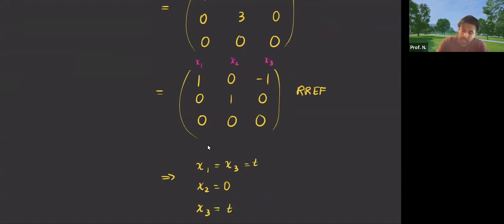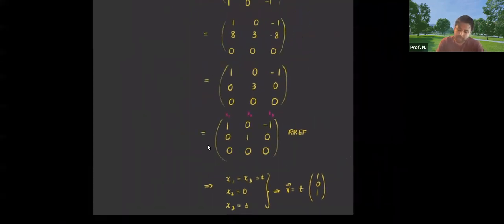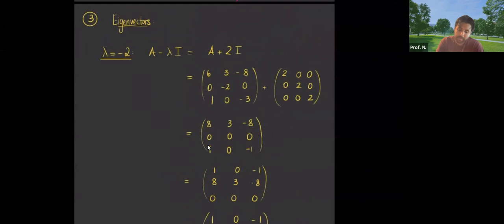Now, why does this matter? Because the solution is simply a scalar multiple of 1, 0, 1. Right? Let me just make sure I did this all fine.